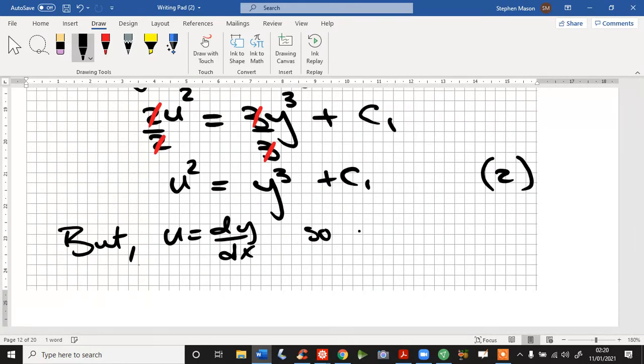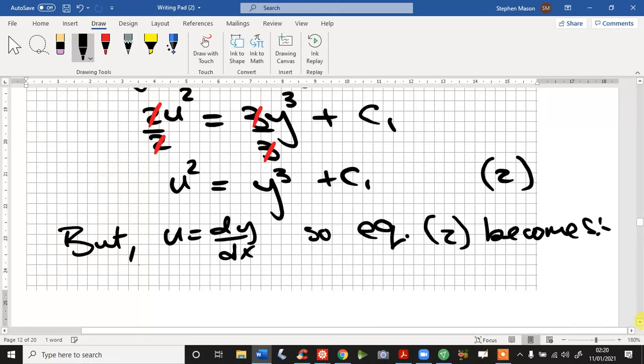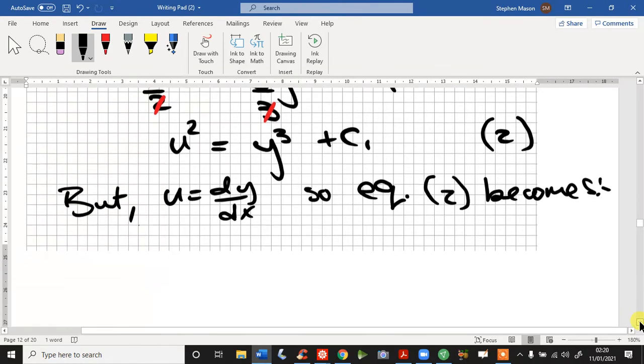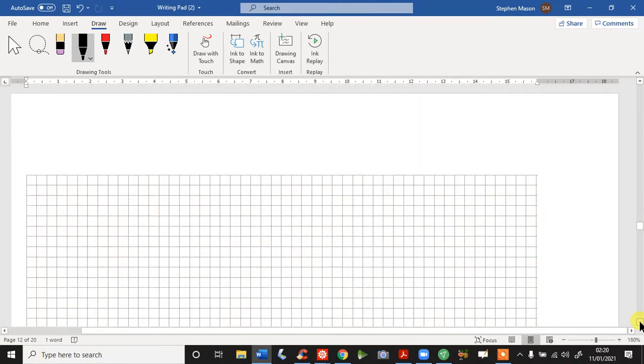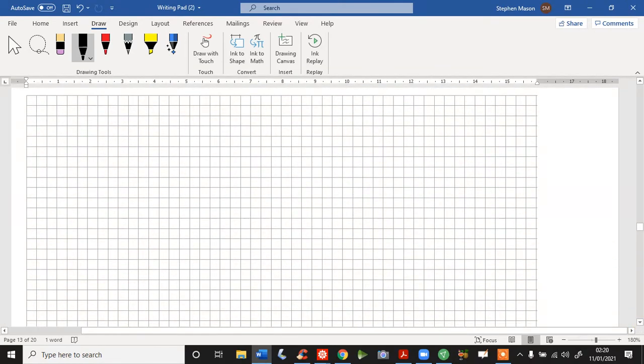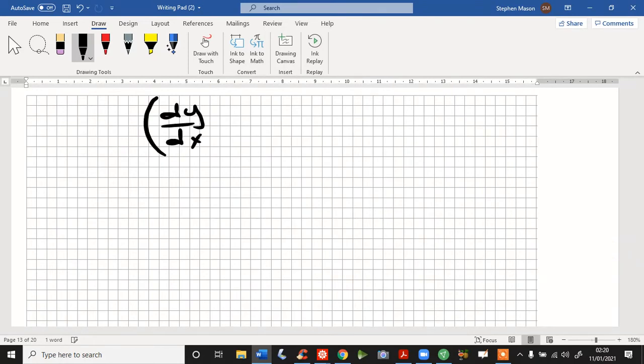Equation 2 becomes dy by dx all squared equal to y cubed plus c1.